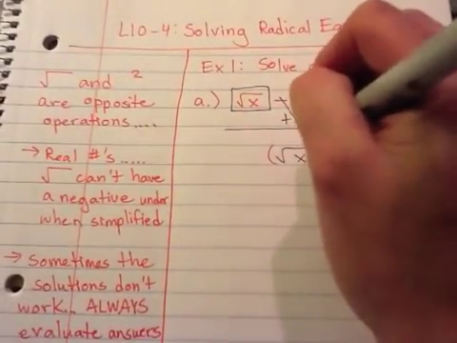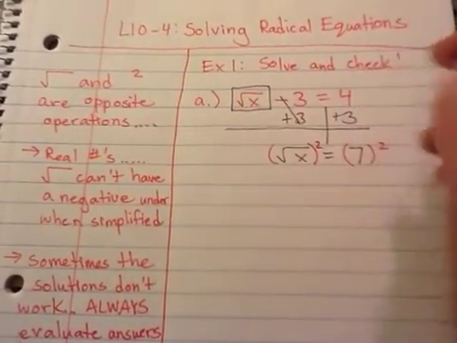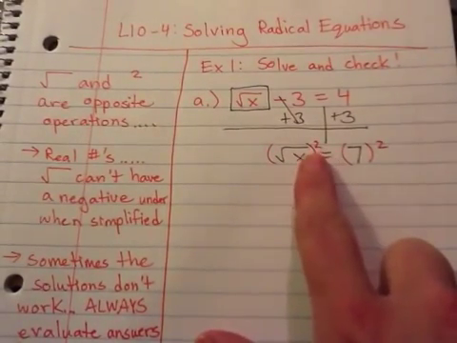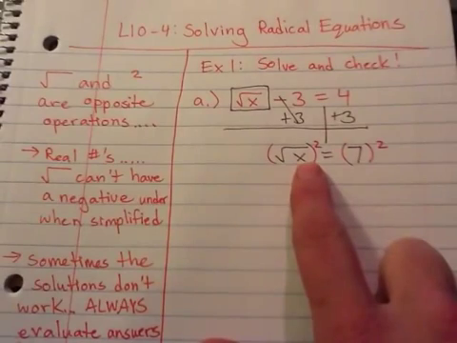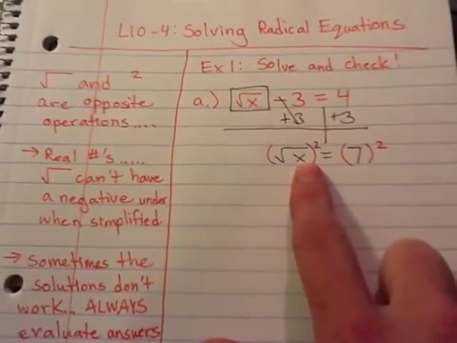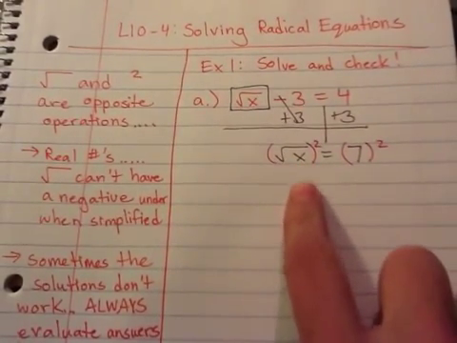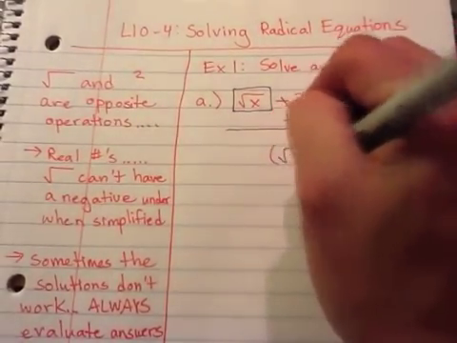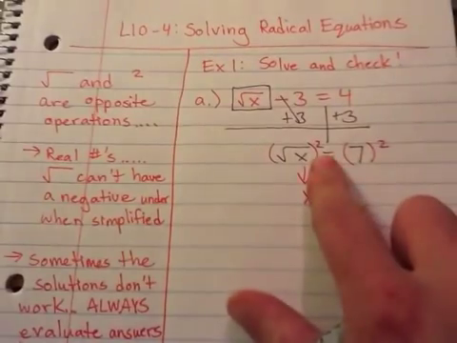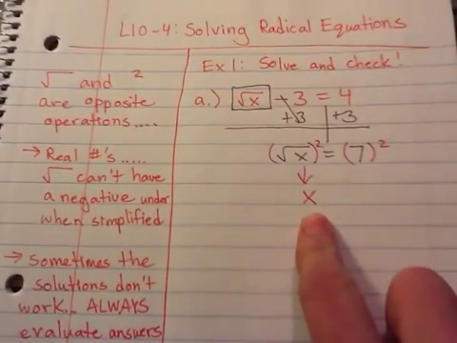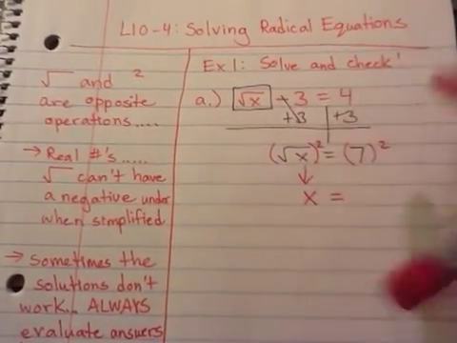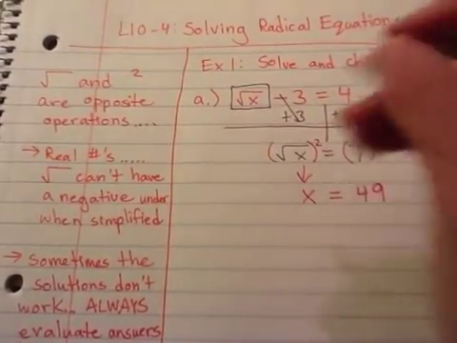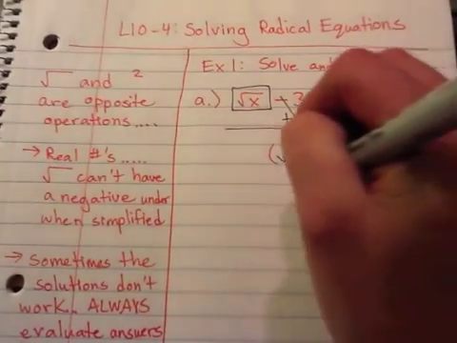So I take this and I square that, and I take this and I square that. Square root of x squared is square root of x times square root of x, which is x. So remember, for every 2, we can drop 1 down. So the square root of x times the square root of x becomes just an x, equals 7 times 7, which is 49. And then here's my answer.